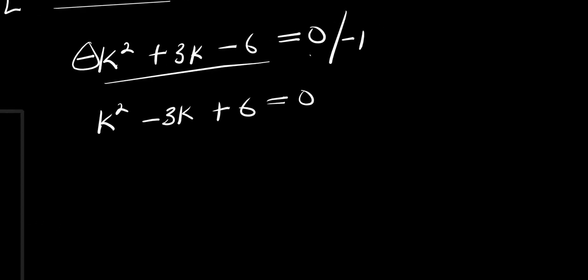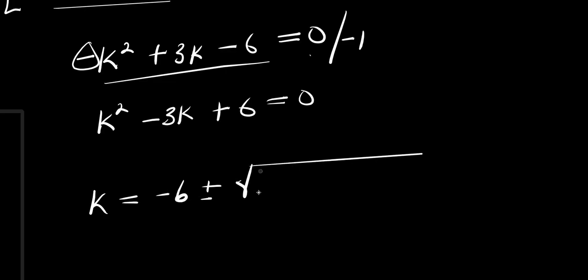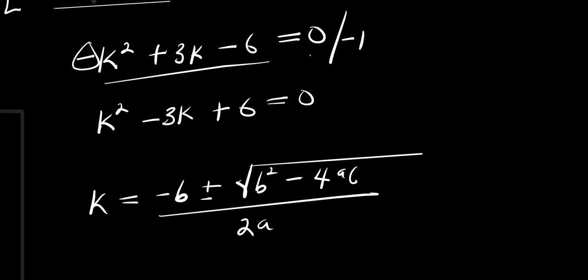So what we are going to do will be to solve this quadratic equation. So we have k equals negative b plus or minus square root of b squared minus 4 times ac, divided by 2a. So from here we have a equals 1, which is the coefficient of k squared, b equals -3, and c equals 6.